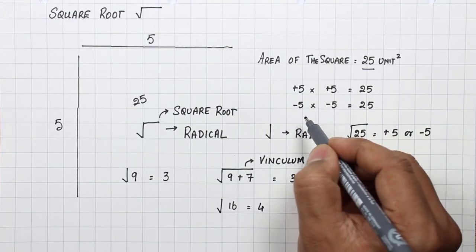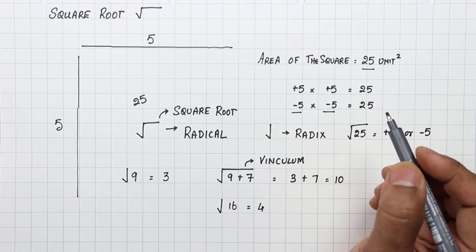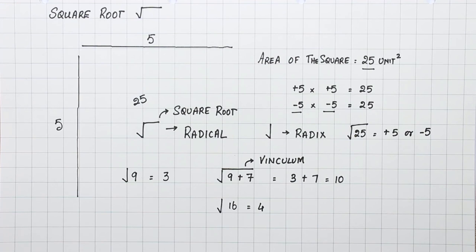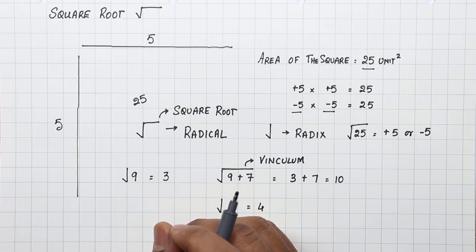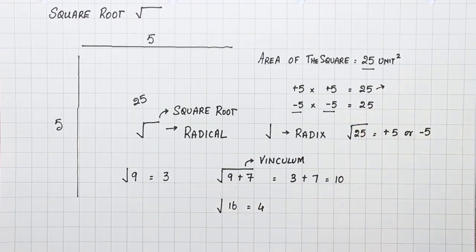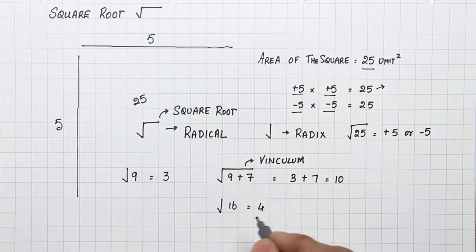But geometrically, minus 5 times minus 5 doesn't make any sense. So if you are asked to calculate the square root, geometrically we take the positive square root, which is called the principal square root. So that is plus 5.